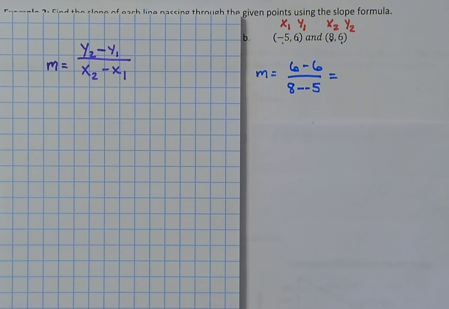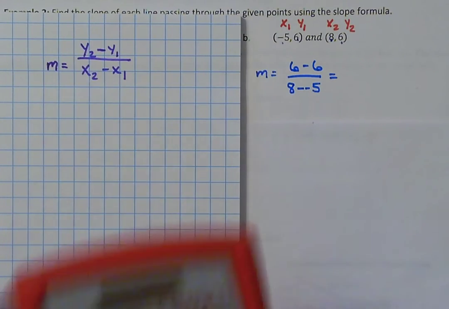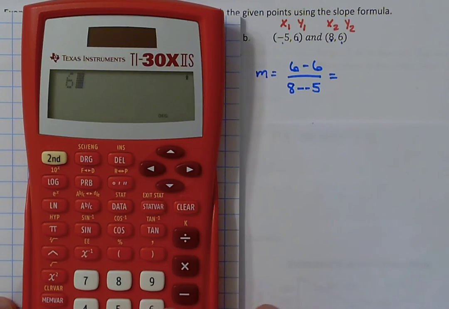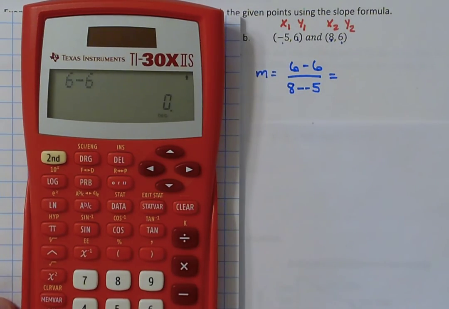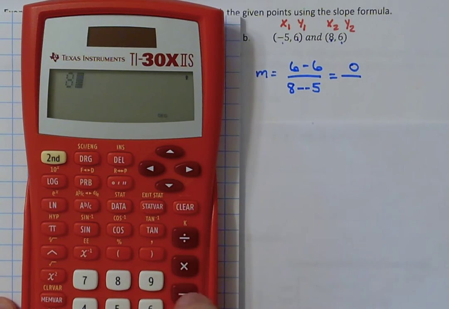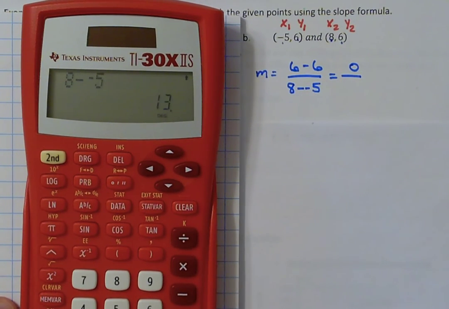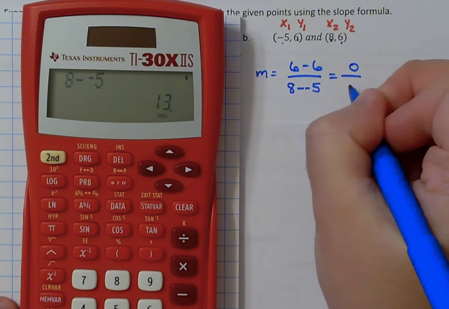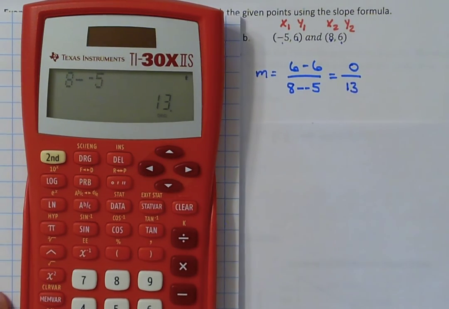I now just need to go through and calculate. So if I do 6 minus 6, we get 0. And if I do 8 minus a negative 5, we get 13. So I have 0 over 13. Can I simplify this?